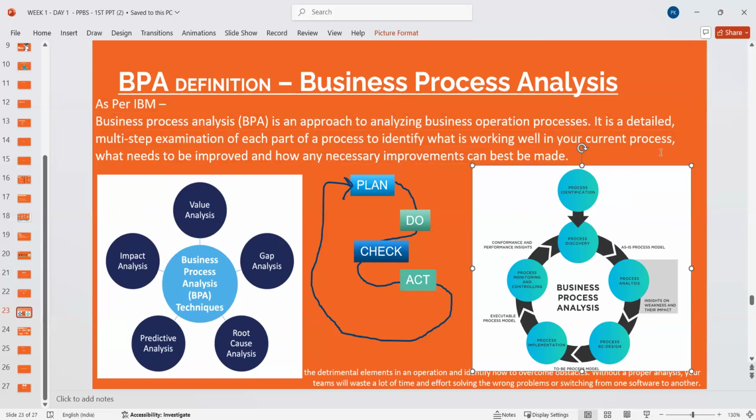This is the business process analyst technique. First, we will understand the definition and then we will go to the images. Anybody wants to go before I start?